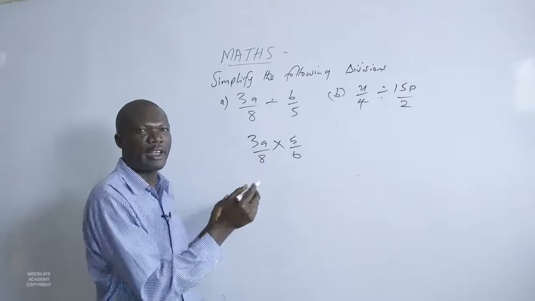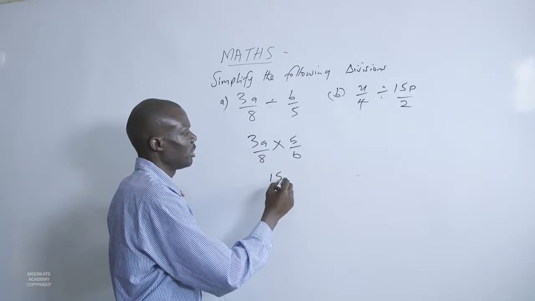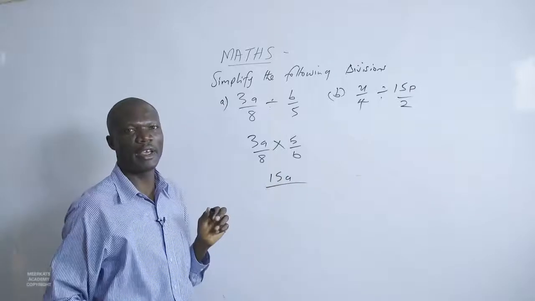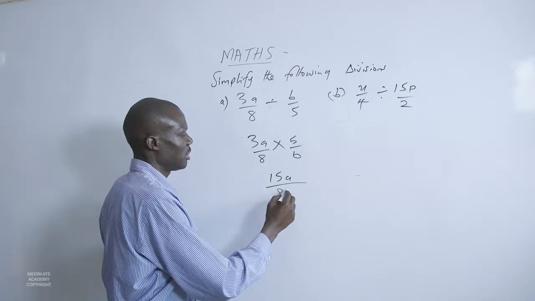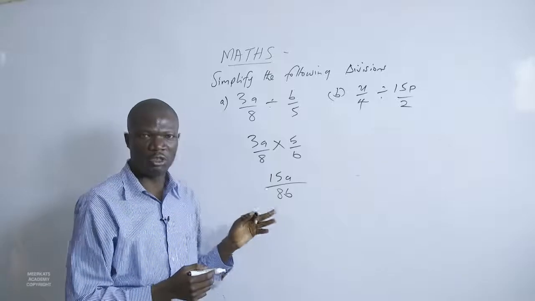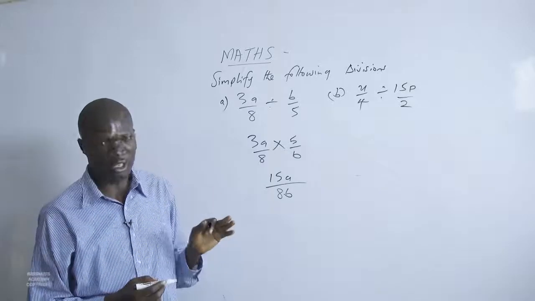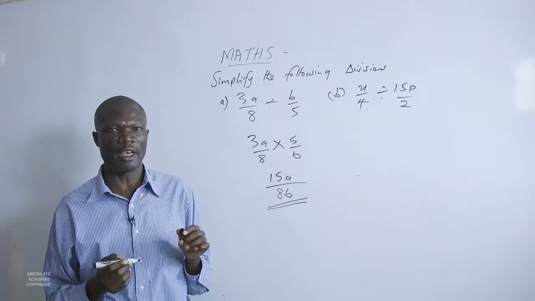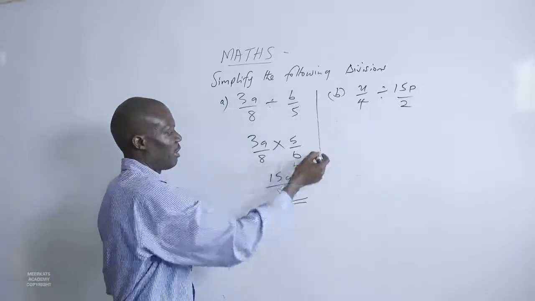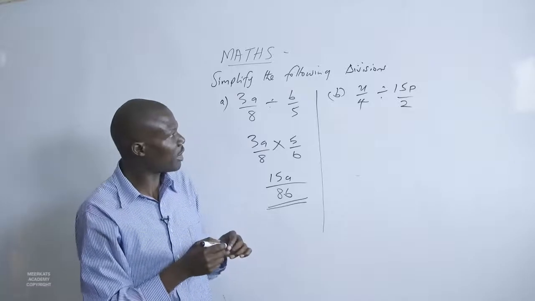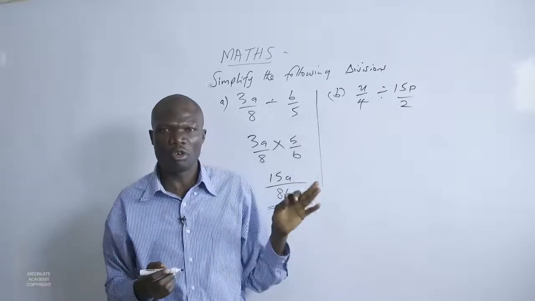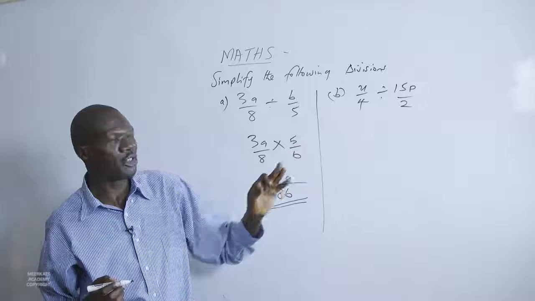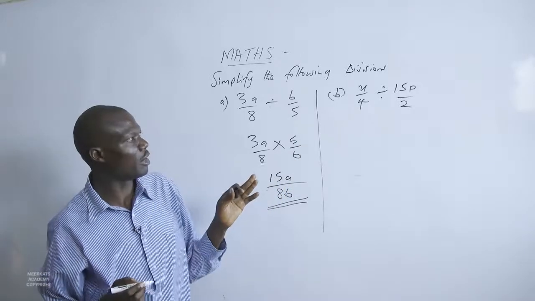So 3a times 5 gives us 15a over 8 times b gives us 8b. Looking at the two, there is no common factor, so it will be our answer, 15a over 8b.